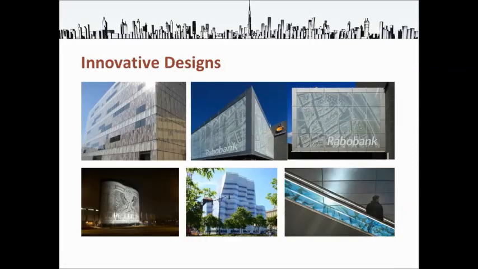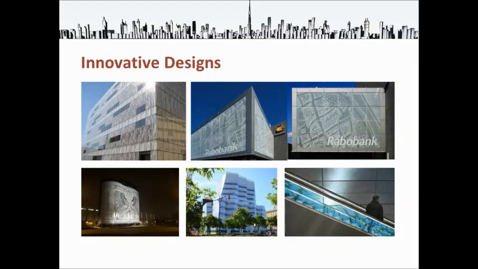What I present to you are some of the innovative designs which have used ceramic frit technology on the building facade, which make it unique in terms of appearance. One interesting factor here is, though the design looks very complex, all of this was done using silk screen, which is a screen that you squeeze through to create a design.